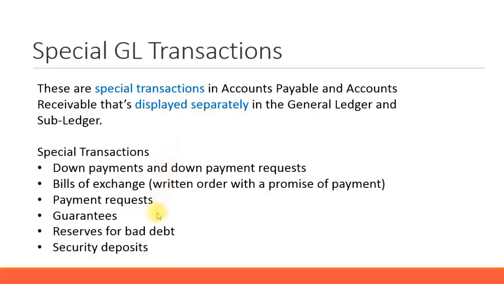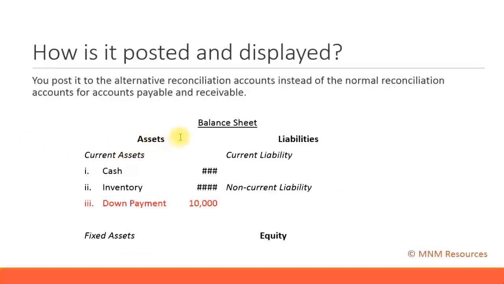Now how are the special general ledger transactions posted? For example, if you have a balance sheet, you will have assets and you have liabilities. So you have your current assets and fixed assets. In current assets, you will have your cash, inventory, other accounts receivable and so on. And in that you will have another line item for down payments.